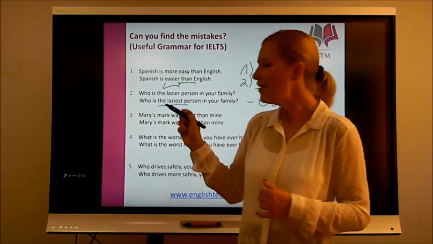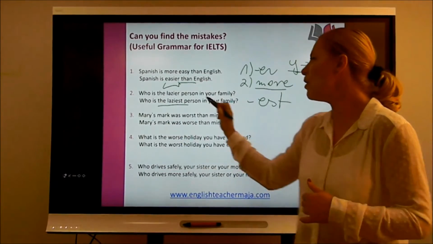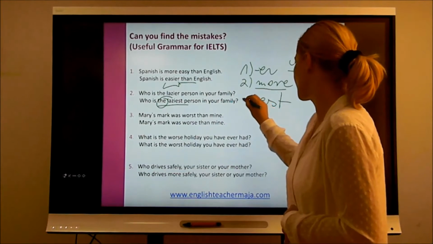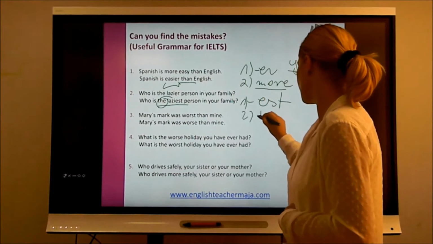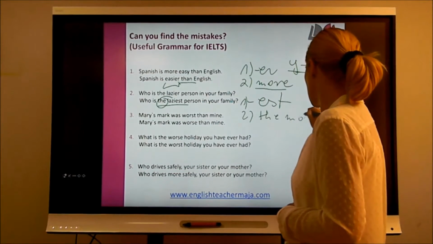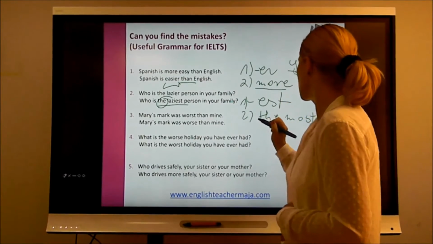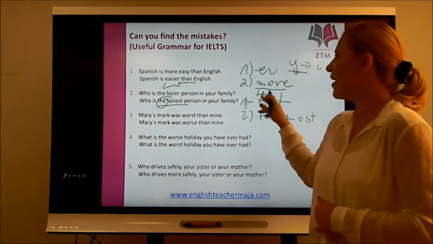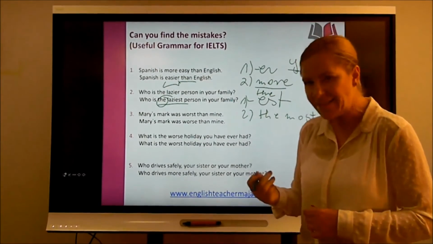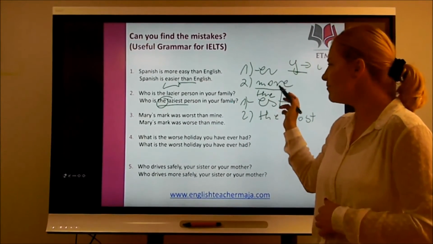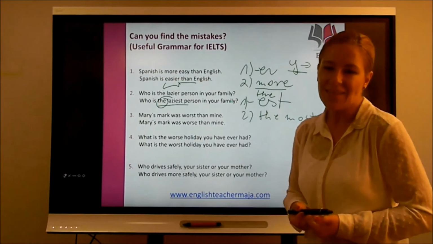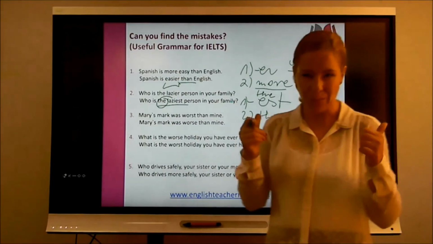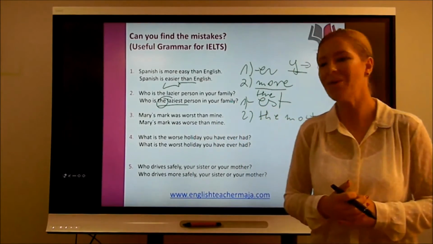With superlatives, apart from the ending, we also need the. Okay, so it's like the laziest, the easiest. With long adjectives, we could say more intelligent and the most intelligent. Perfect.